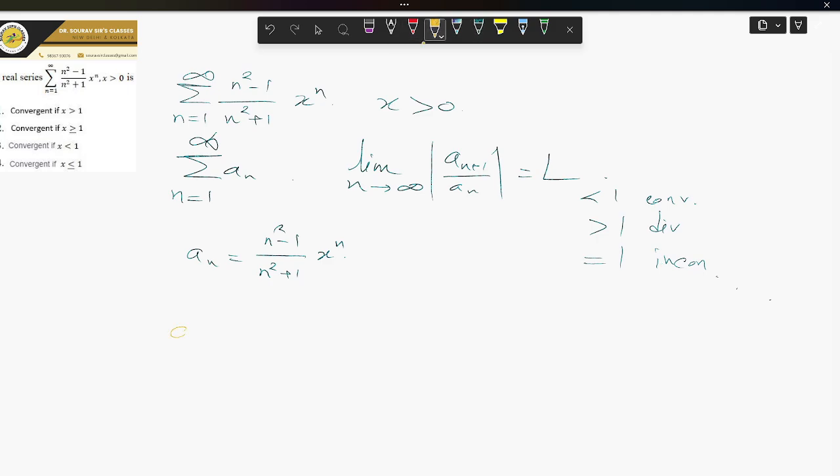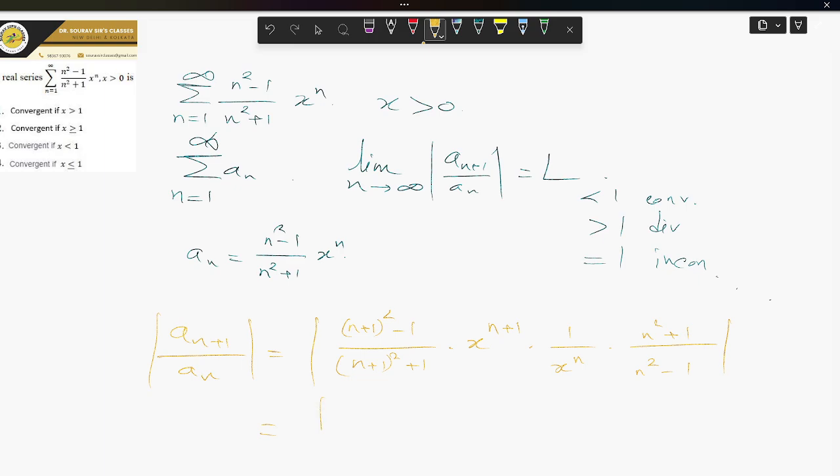So now that will be what? a n plus 1 upon a n will be the modulus of ((n plus 1) whole square minus 1) upon ((n plus 1) whole square plus 1) into x to the power n plus 1 into 1 by x to the power n, and here we will have (n square plus 1) upon (n square minus 1). Okay, so only we will have this thing.